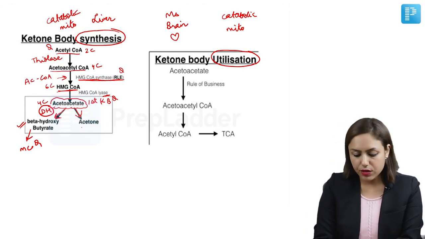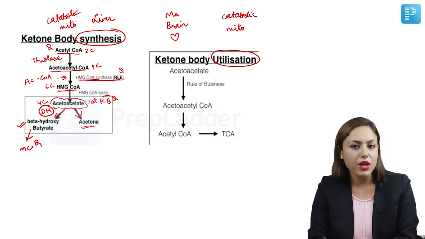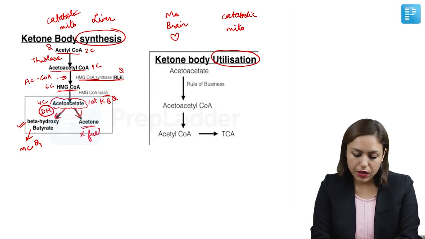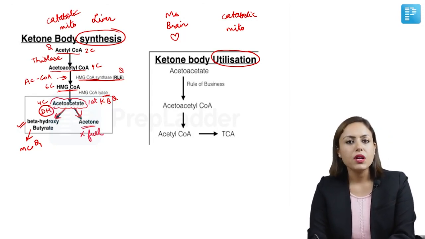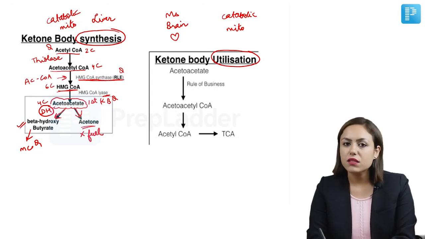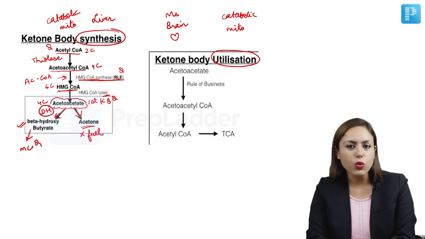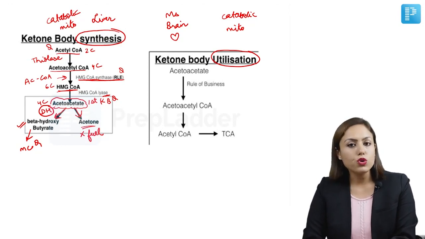On the other hand, acetone is formed spontaneously without any enzyme. Acetone does not act as fuel in the body and does not provide any energy. Instead, it has a diagnostic purpose: an acetone-like odor coming from the patient means the patient is in ketoacidosis. Also remember that in the ketone body synthesis pathway, no energy is used or produced.